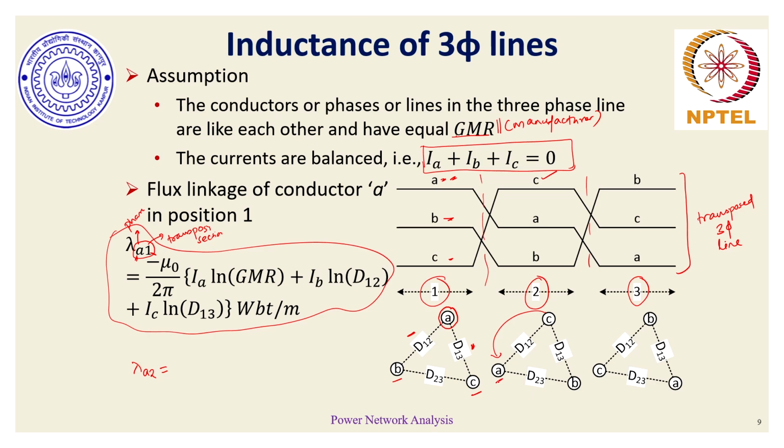So A is sitting over here. And now the distances between phase A and phase B, and phase A and phase C conductors are D23 and D12, unlike D12 and D13 respectively.